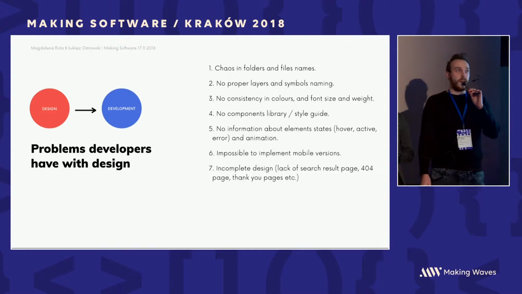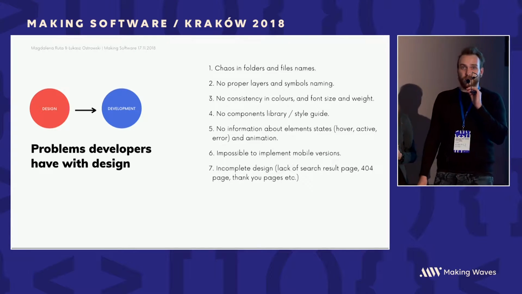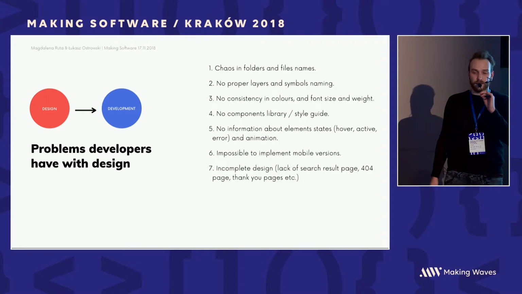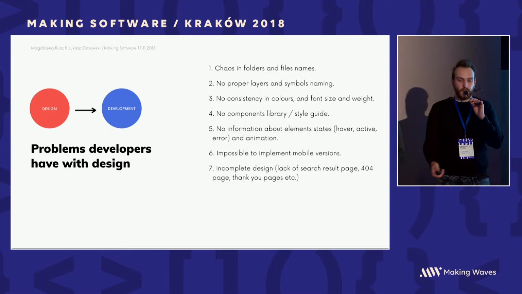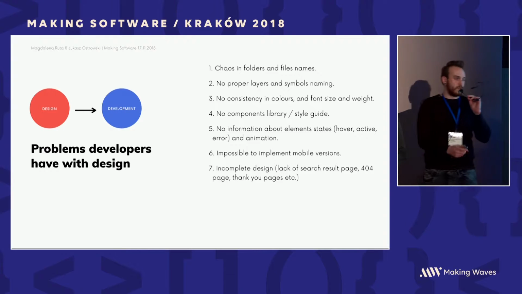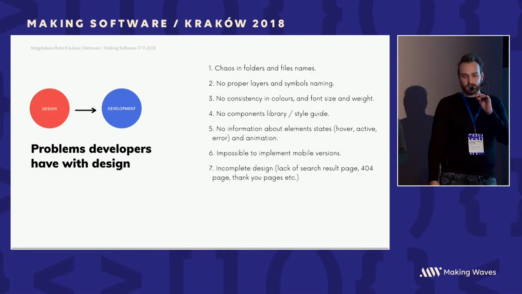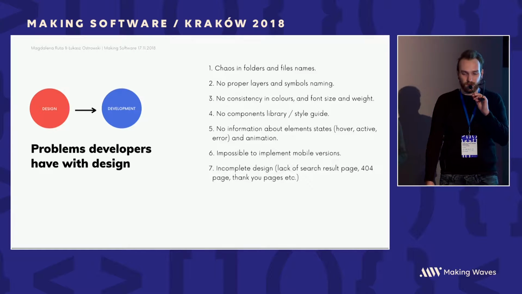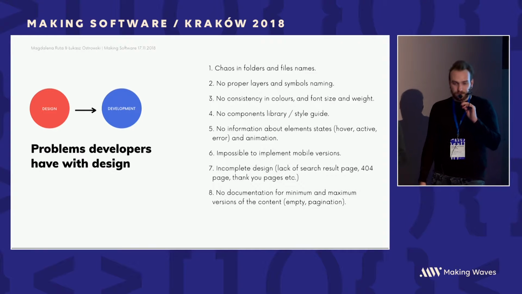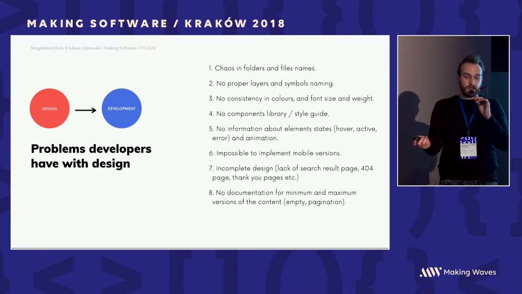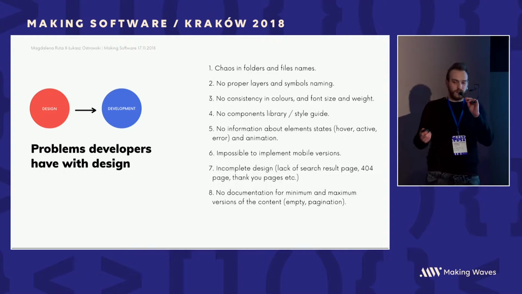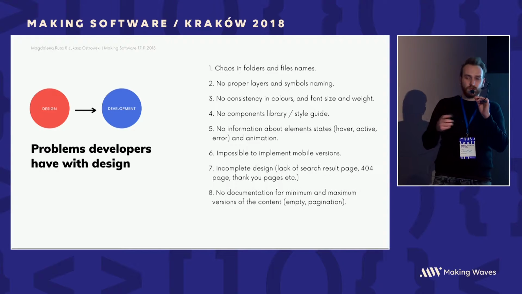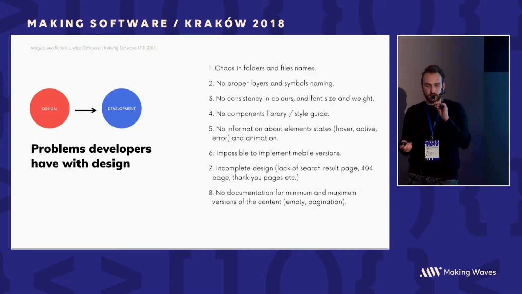By this I mean missing pages, because designers can prepare only the main pages, and then we miss some extra, maybe not so major designs, some layouts, which then somehow need to be implemented. In the end, we need some documentation on how we should actually show different states of content.